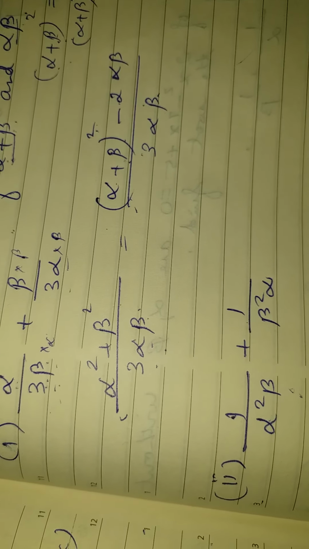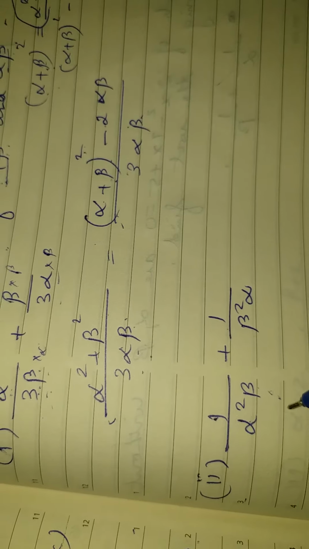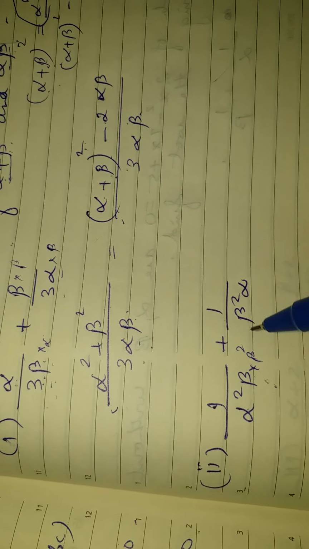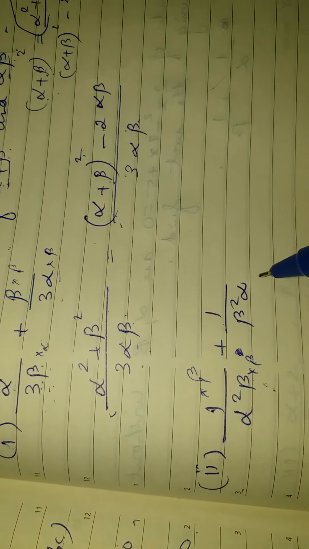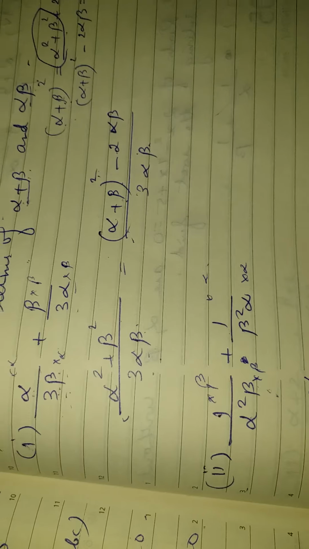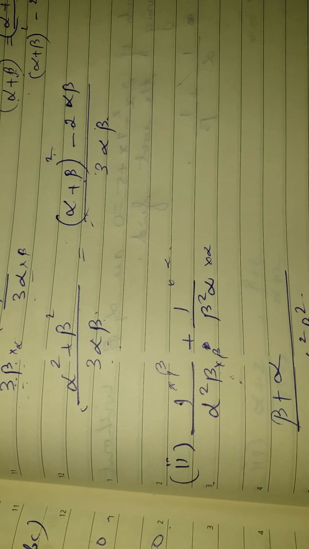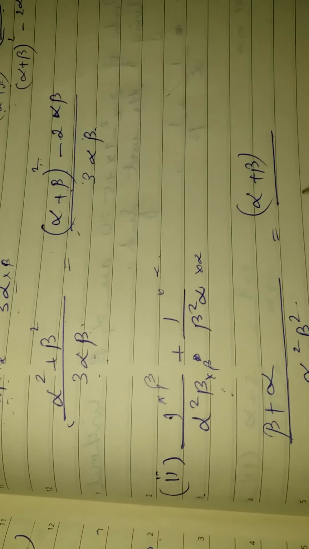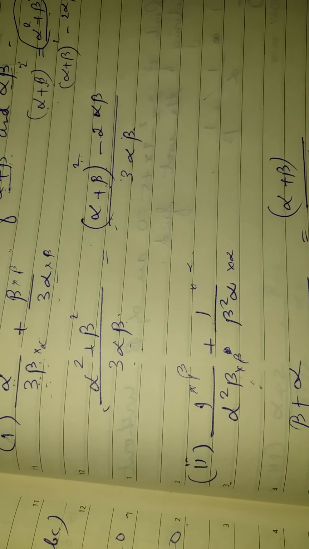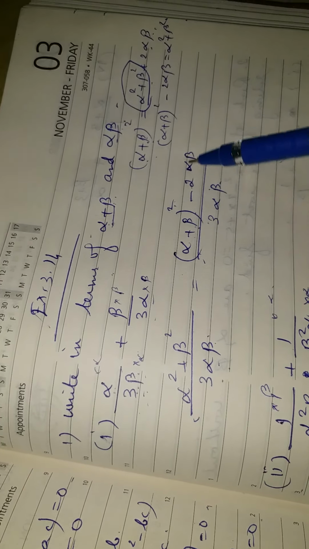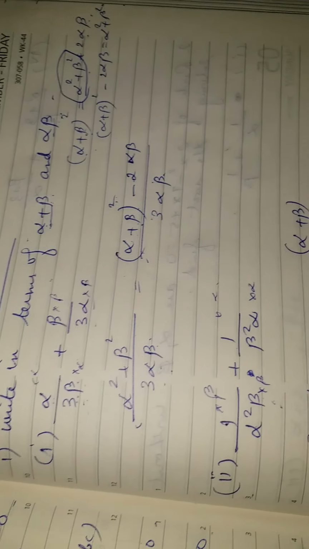Now alpha beta alone is missing, so the first term is multiplied by beta and the second by alpha, and you will get beta plus alpha by alpha square beta square. This can be written as alpha plus beta divided by alpha beta the whole square. You are writing in terms of alpha plus beta and alpha beta, which is what you have to write.